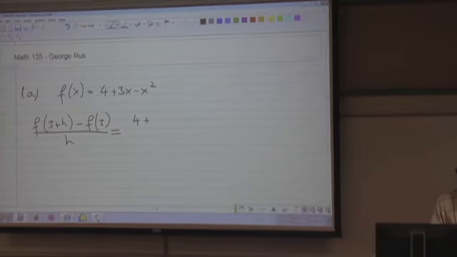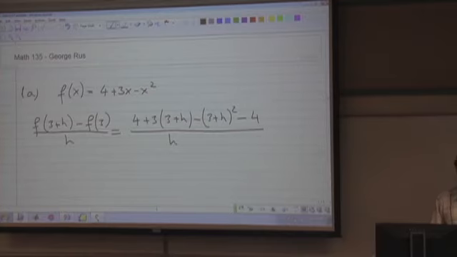So we have 4 plus 3 times 3 plus h, minus 3 plus h quantity squared, minus, and now what's f of 3? 4 plus 9 minus 9. So it ends up being 4, divided by h. Right? 4 minus 4 is 0.